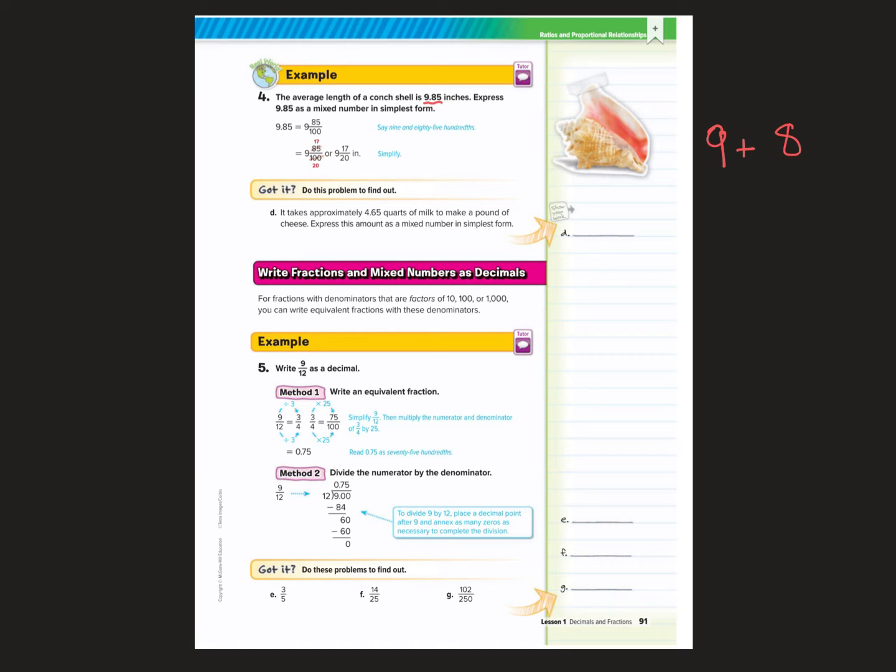My 9 stays the same, and then I move my 85 hundredths into a fraction, 85 over 100, and then I would simplify. Divide by 5, divide by 5, and I would get 9 and 17 twentieths as my simplified mixed number.